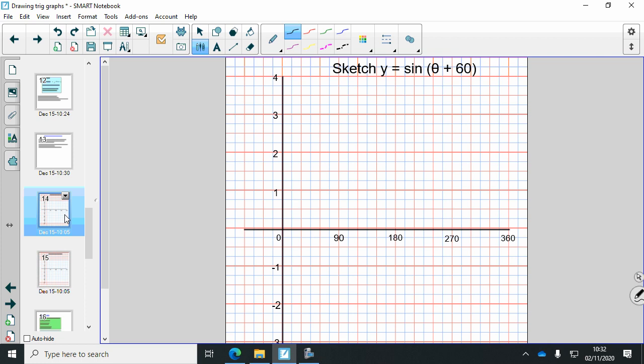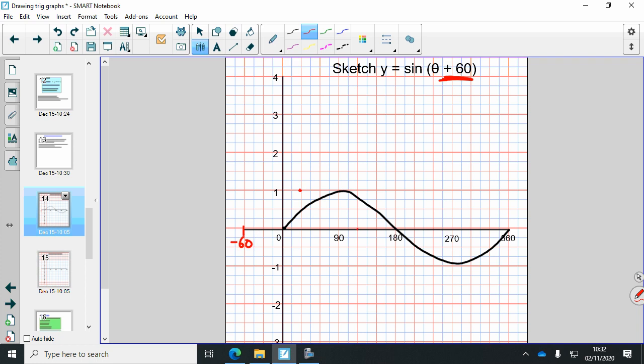So if I was to sketch y equals sine theta plus 60, normally the graph of y equals sine of theta, just for reference purposes, would look like that. However, we've got this plus 60 to contend with, so that means we have to start early by 60. What we actually have to do is start at minus 60 and move everything along by 60 degrees.